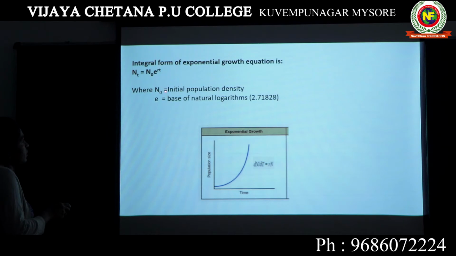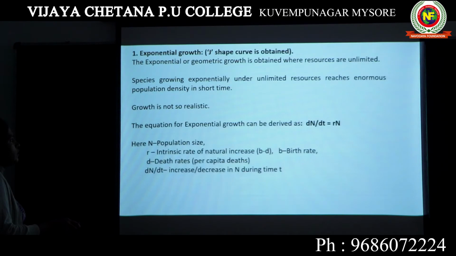N0 is the initial population density. We have already discussed N0. And e is the base of natural logarithm. The value is 2.71828. So this is the integral formula of your exponential growth equation.